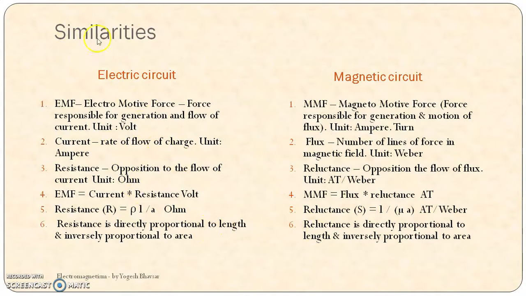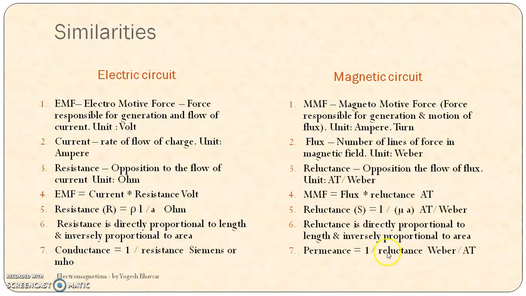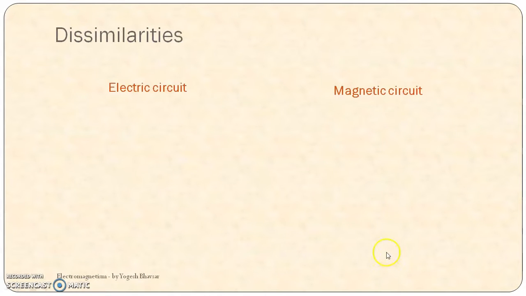So these are all the similarities between the electrical circuit and the magnetic circuit. One more point: the conductance, which is 1 by resistance, that is the reciprocal of resistance, and here permeance, which is the reciprocal of reluctance. So these are all similarities.